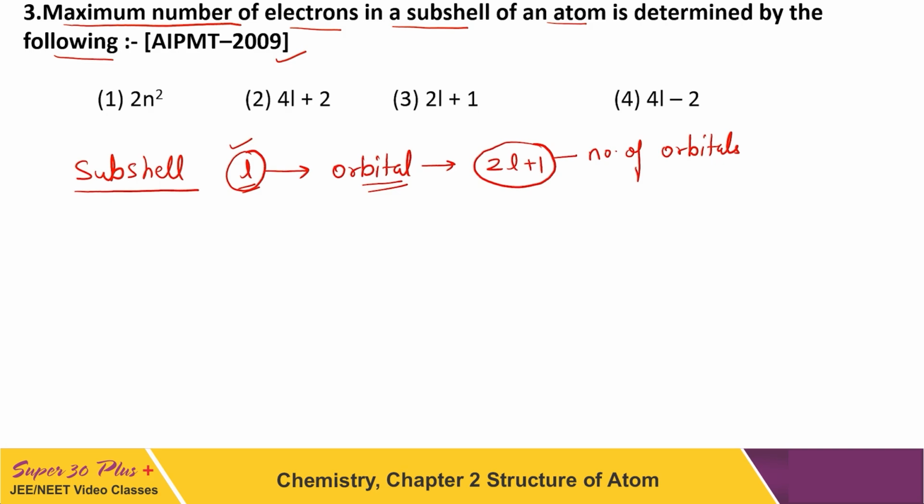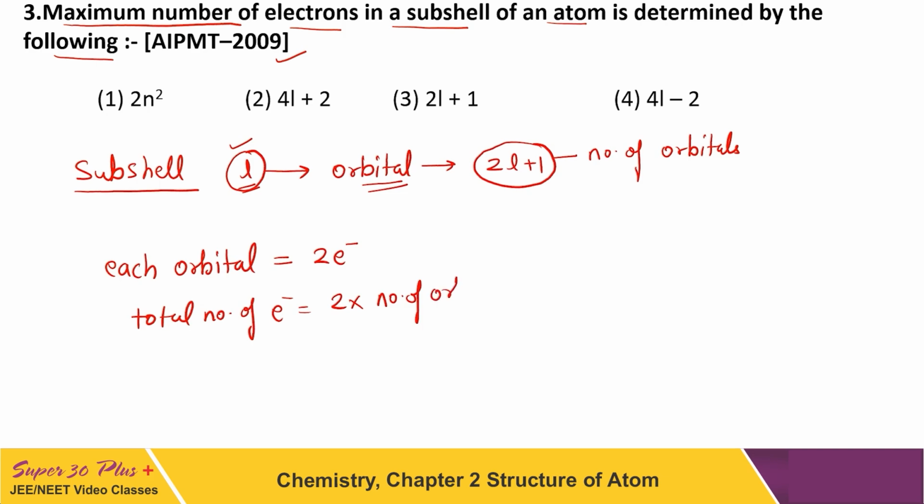In this question, what is being asked is the number of electrons. Now we know that each orbital can accommodate 2 electrons. So the total number of electrons, students, will be twice the number of orbitals.